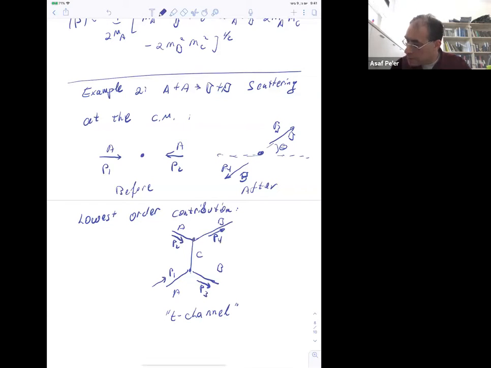Now I said that for the internal lines, it's customary to call their momenta Q's. So we only have one, so let's call this a Q. Let's say it goes in this direction. And I said the direction for the internal ones, we don't really care, just a matter of convention.